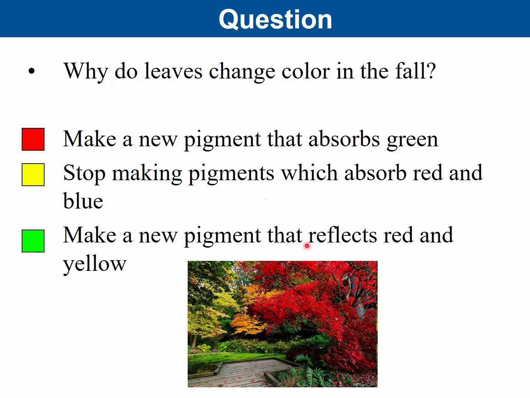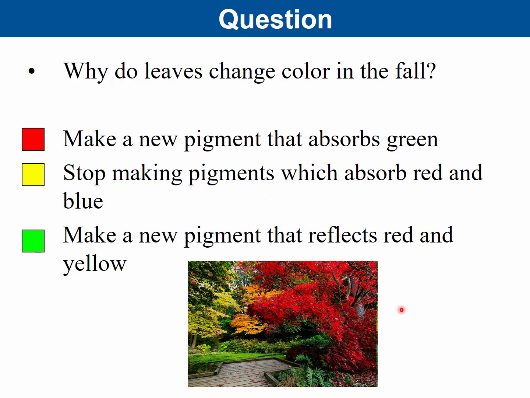From a plant standpoint, if they're going to invest energy to make chlorophyll and all the things necessary to do photosynthesis, they're going to waste that energy if there's no sunlight available. And so instead, plants kind of go into a dormant stage. These leaves will eventually die and fall off the plant, and that's the plant's way of conserving energy.